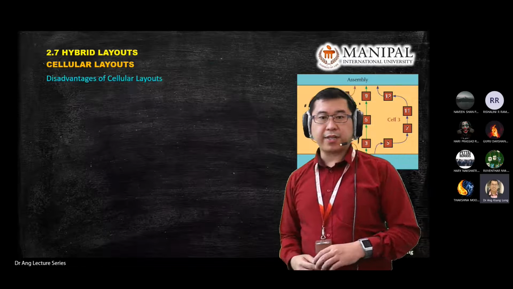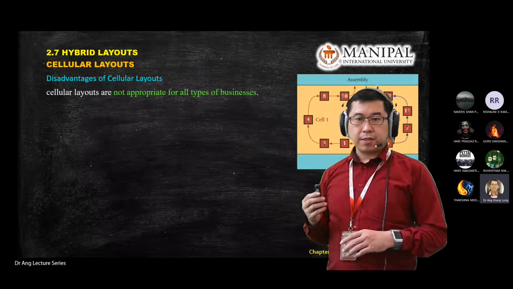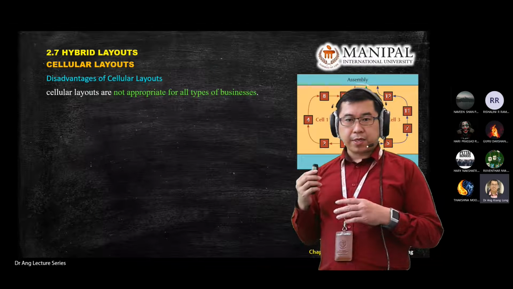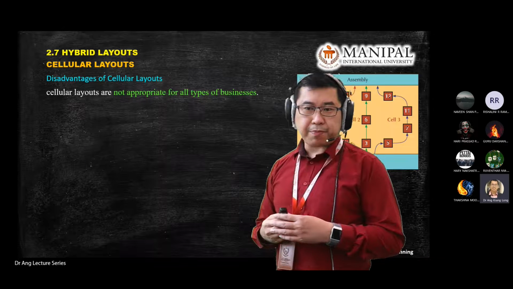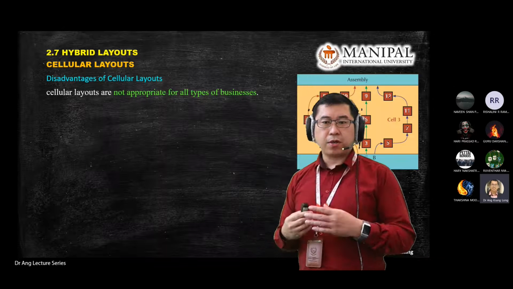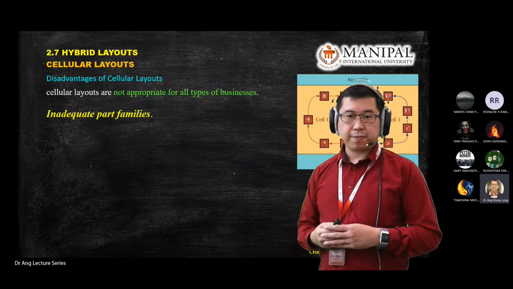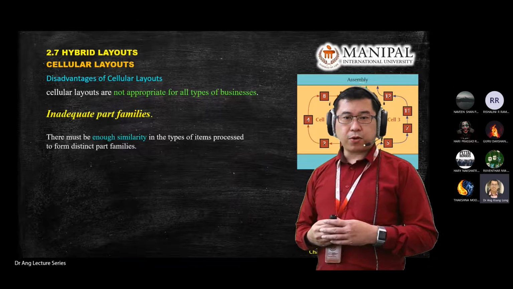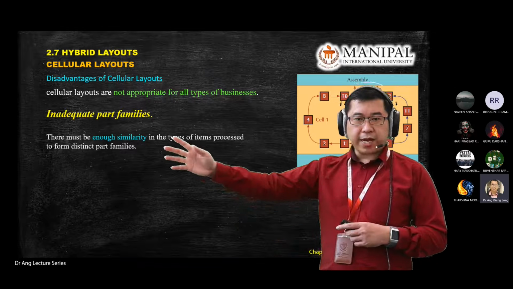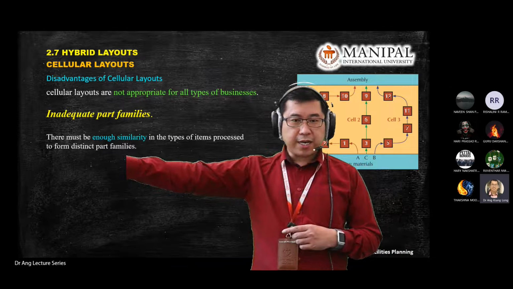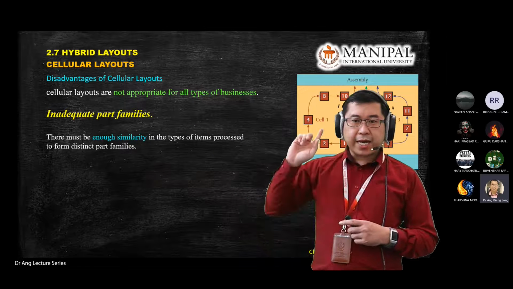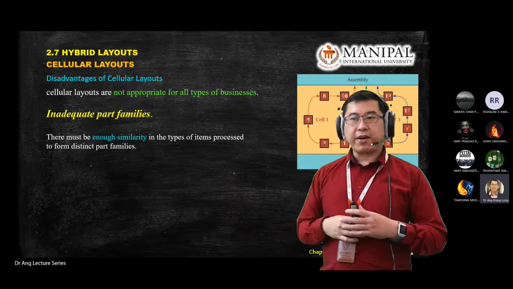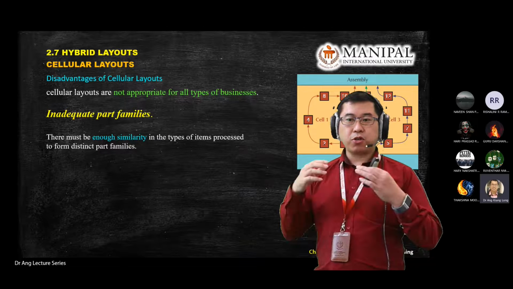There are disadvantages of cellular layout. Cellular layout is not for all types of products or all types of business. You have problems when you have an inadequate parts family, meaning that cellular layout you can only use when you have similar parts, because you are using group technology.